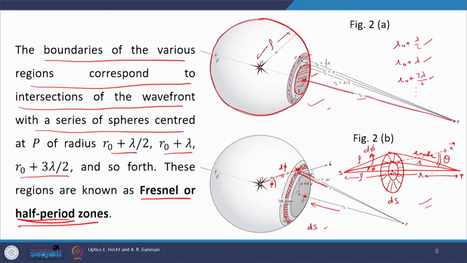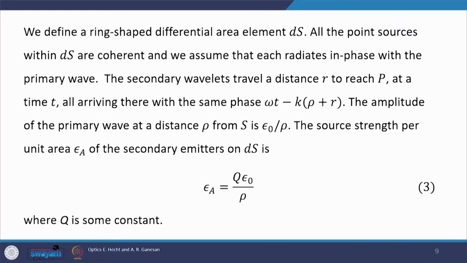Now, in this picture you can see that the source S is effectively at a distance rho plus r naught from the point of observation P. Therefore, what we did is that we defined a ring shaped differential area element ds, and all the point sources within ds are coherent. Since the area element ds is very thin, we assume that all the point sources situated on this area element are coherent, and we also assume that each of these point sources radiates in phase with the primary wave.